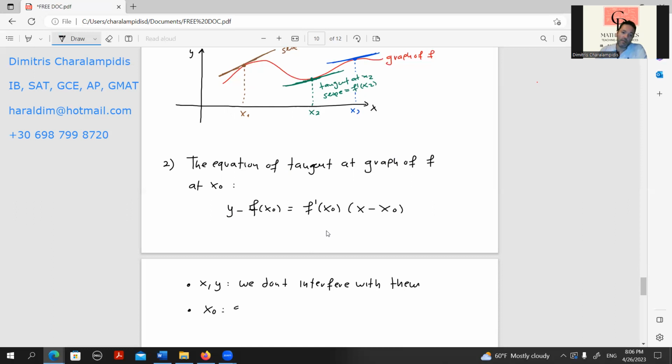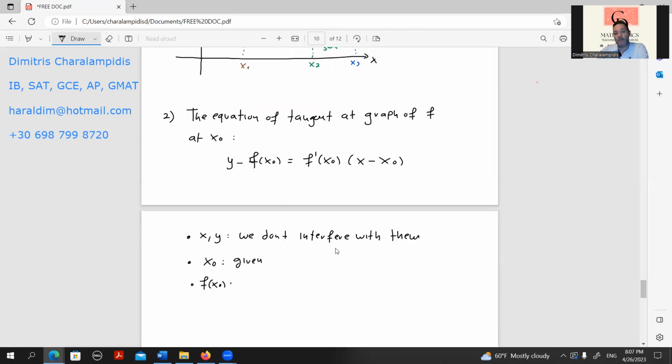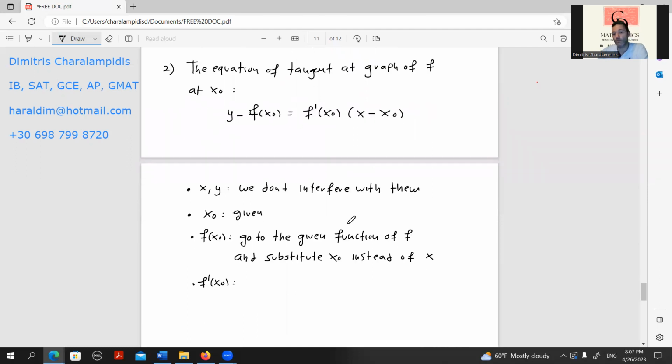x0 will be given. We need to calculate f of x0, which means go to the given function of f and substitute x0 instead of x. And we also have the f derivative of x0, which means two things.